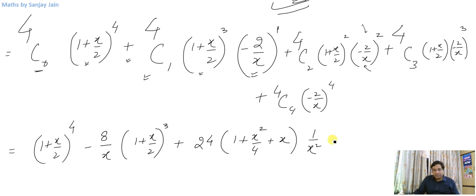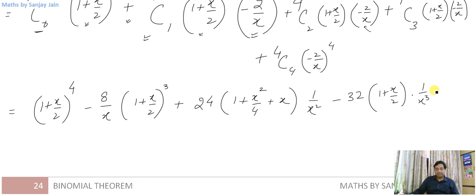Now this term will be negative. 4c3 is 4c1, that is 4. 2 cubed is 8. 8 into 4 is 32. So minus 32. And I have 1 plus x by 2 here and 1 by x cubed here. And last but not the least, 2 raised to power 4 is 16 by x raised to power 4.